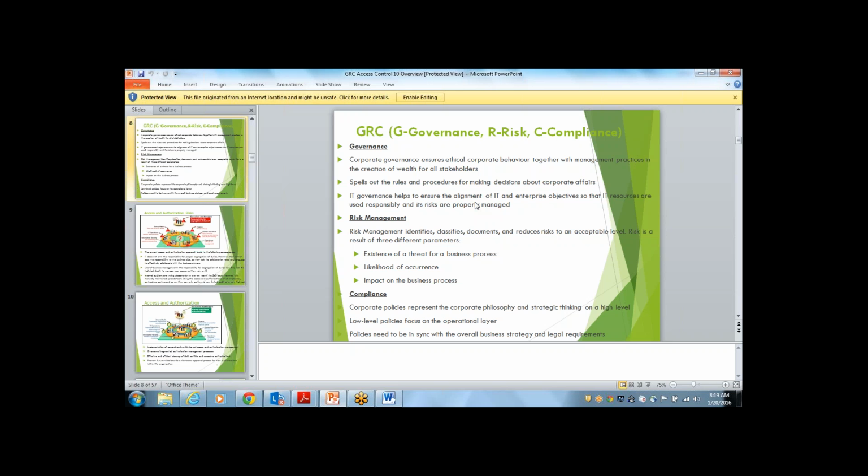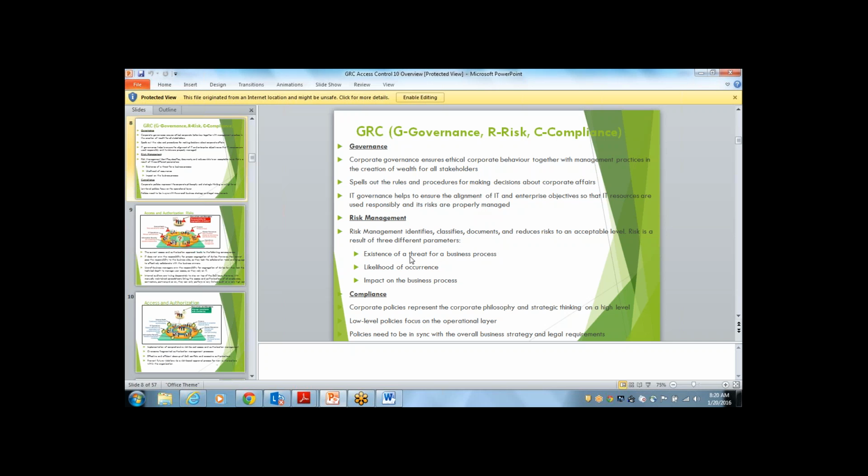So now when it comes to risk, what is risk? Risk is nothing but, in our general terminology, something which is going to happen. So what are you going to do to avoid that risk and what is that risk? Okay.